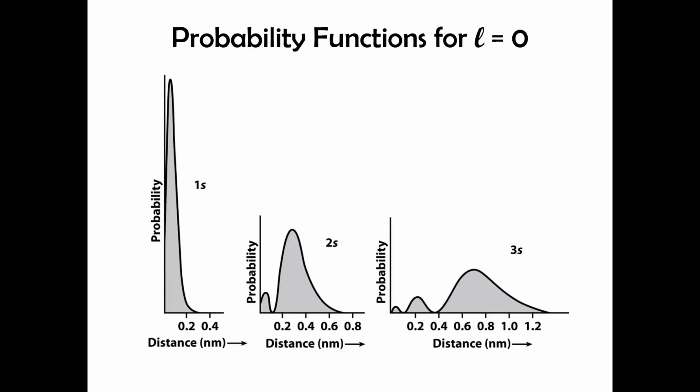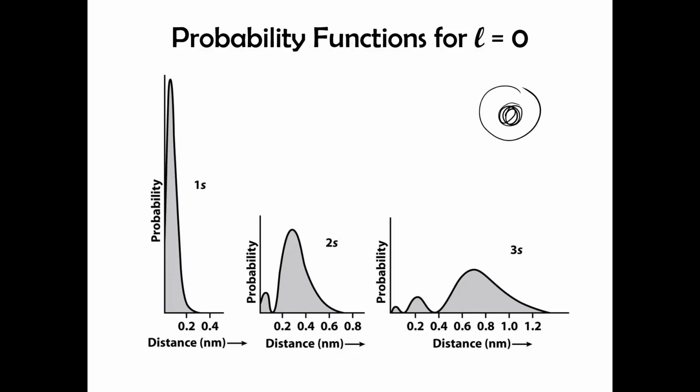Here we're looking at 3 different s orbitals: the 1s, the 2s, and the 3s. They are all spherical, but they are further and further apart from each other. The electron in the first quantum level is close to the nucleus, and the 2s is further out.